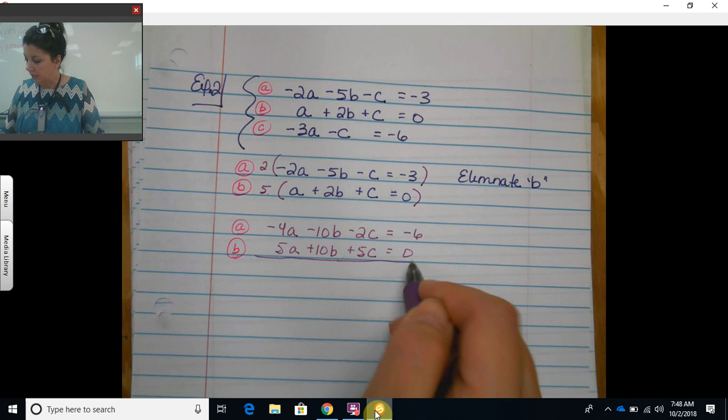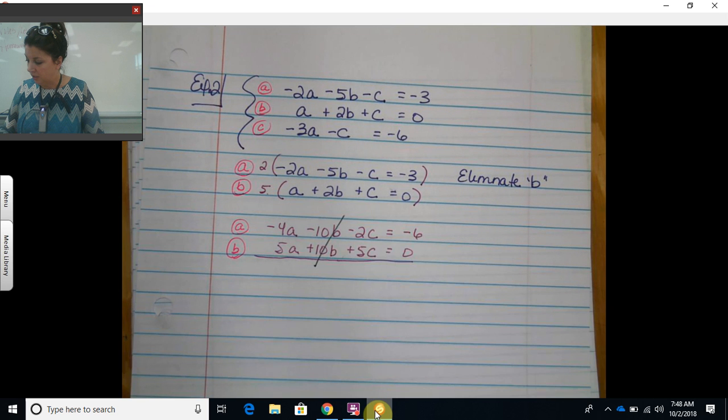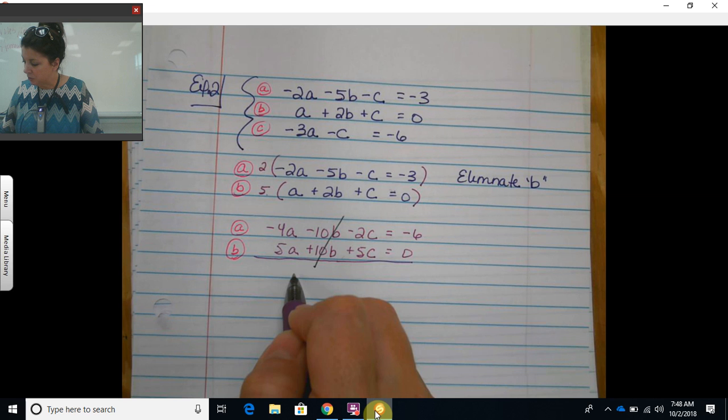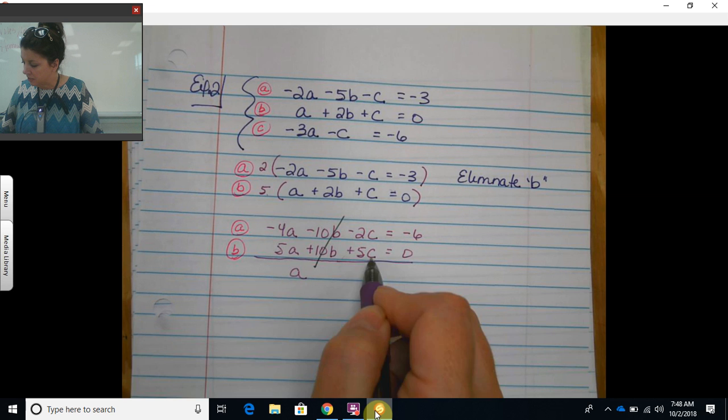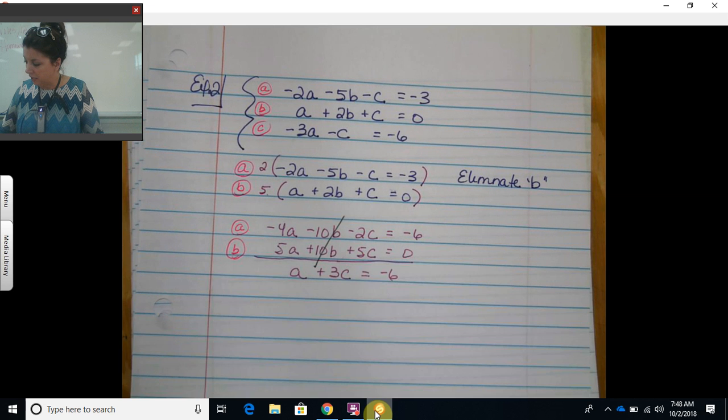And my B's cancel just like I was hoping they would. Combine like terms: negative 4A, positive 5A gives us positive 1A, or just A. Negative 2C plus 5C is positive 3C, equals negative 6 and 0 makes negative 6. I'll call this equation D.